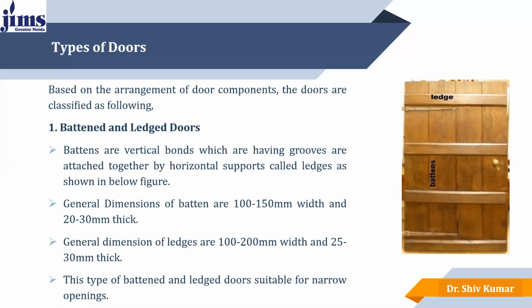That is why the name batten and ledge is given to this kind of door. Generally, the dimension of the batten is 100 to 150 mm in width and 20 to 30 mm thick, whereas the general dimension of the ledge is 100 to 200 mm in width and 25 to 30 mm thick.